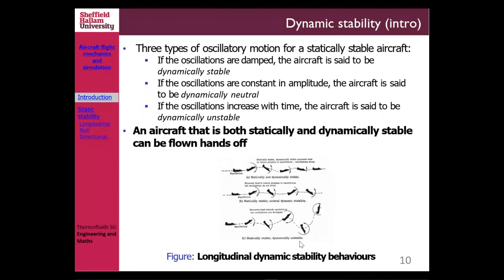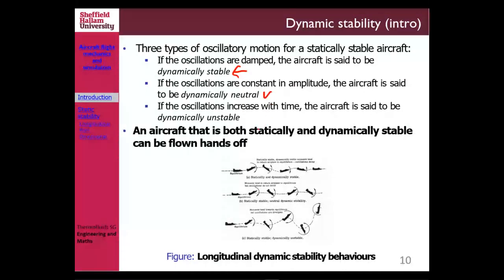I think I already mentioned that there will be 3 types of oscillation. If the oscillations are damped, which is a convergence oscillation, we consider that as dynamically stable. But if the amplitude keeps staying without showing any divergence or convergence, then that is what we call dynamically neutral.